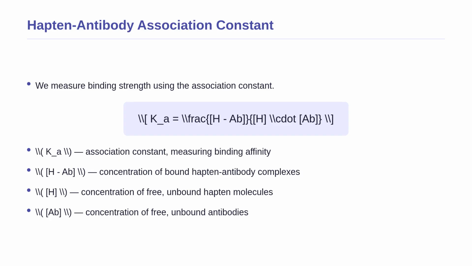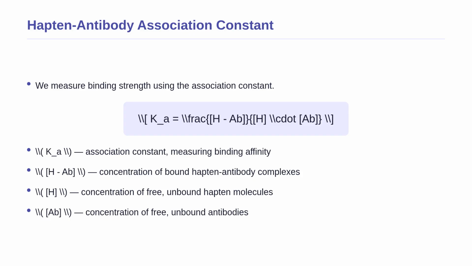Before we move on to our next major topic, let us understand how immunologists mathematically measure this interaction. This formula represents the association constant, denoted as Ka. Conceptually, it tells us the ratio of bound complexes to free molecules at equilibrium. The numerator is the concentration of the bound hapten antibody complex.